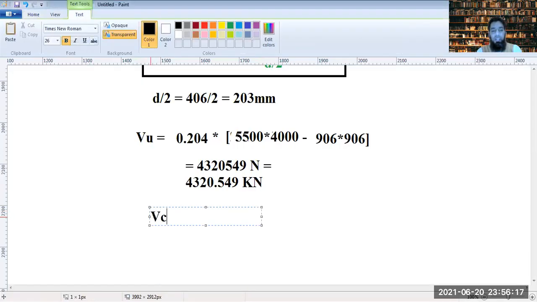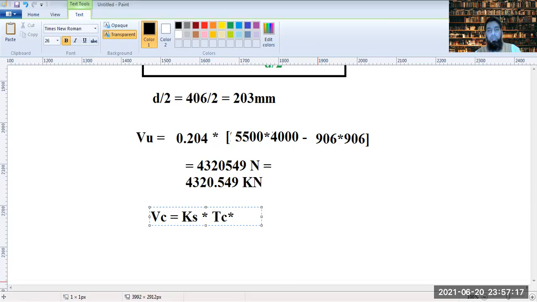So V critical would be Ks into tau c, or Vc itself, but Vc itself is tau c into the area around the section.